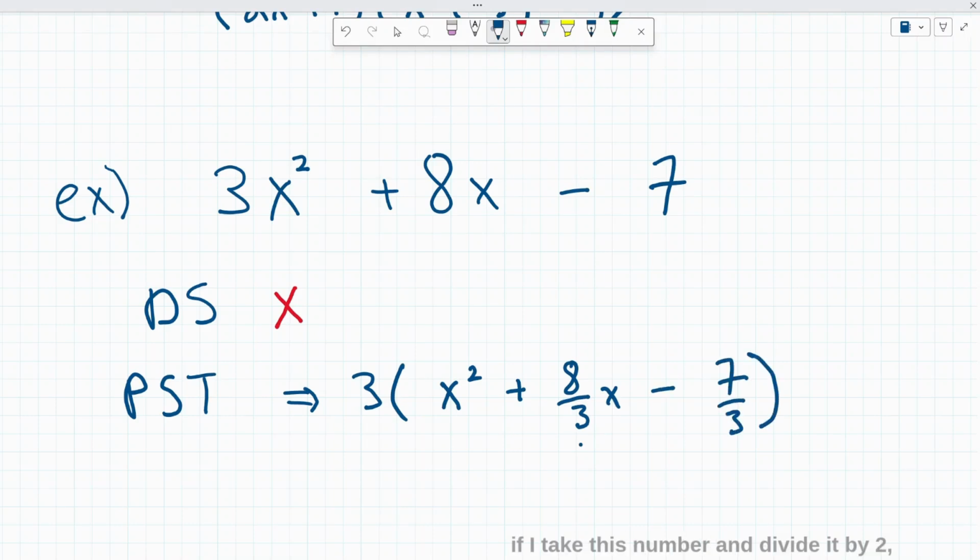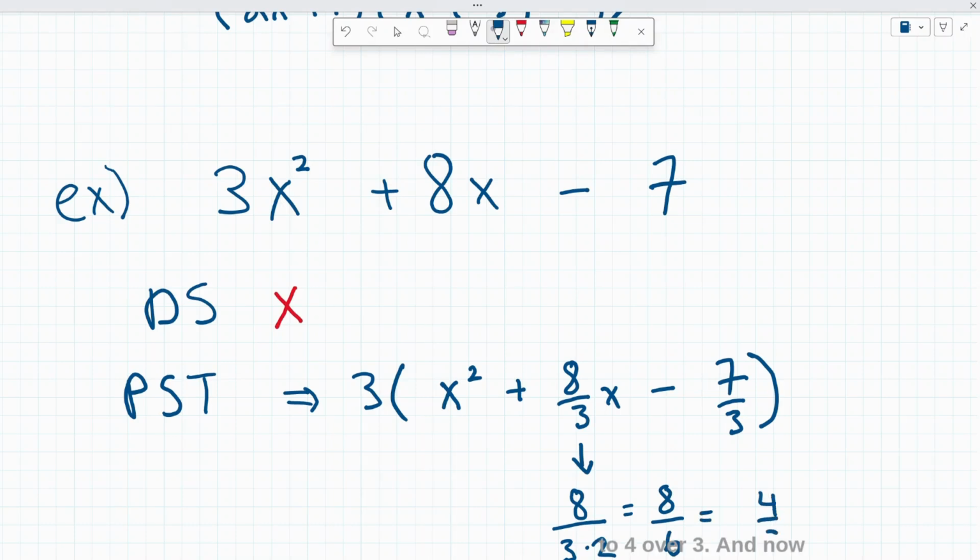Okay, let's see, if I take this number and divide it by 2, I get 8 over 3 times 2, which is 8 over 6, which simplifies to 4 over 3. And now let's square this value, which equals 16 over 9.